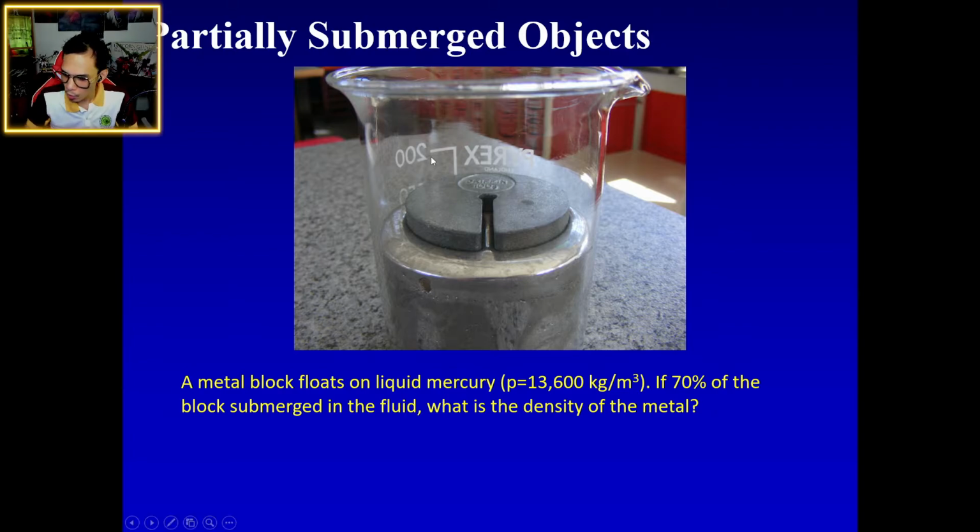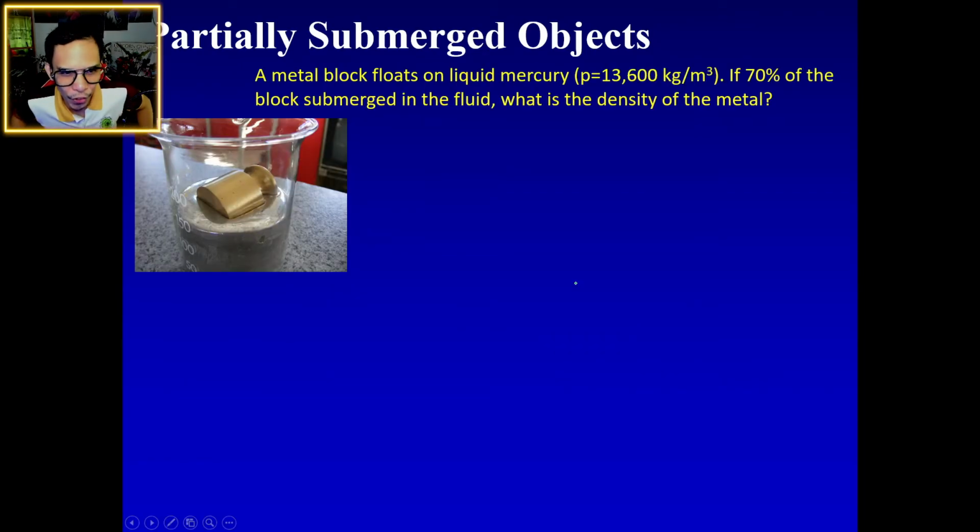We will find the density of the metal block. It is not the actual metal as stated in the problem, but we can work on it. Somehow this picture works out. So let's solve this problem.